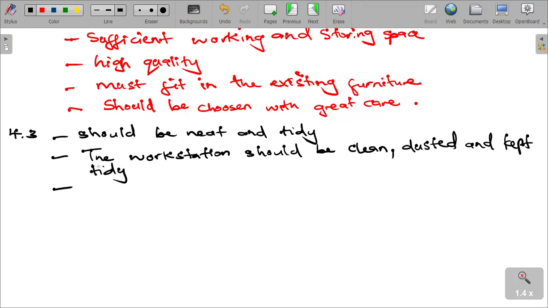Right. And also it must be free from unpleasant smells.